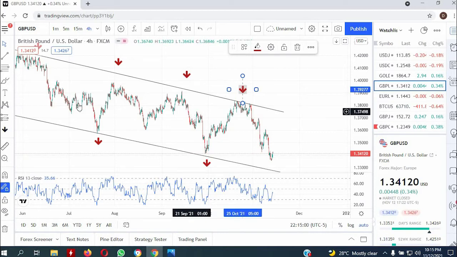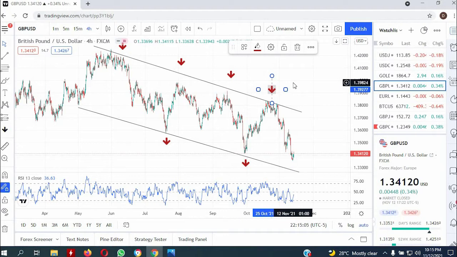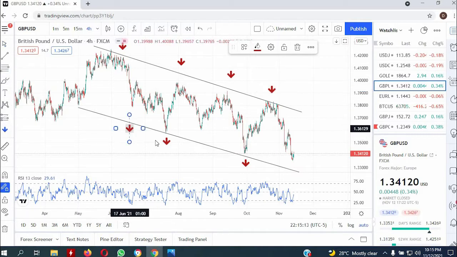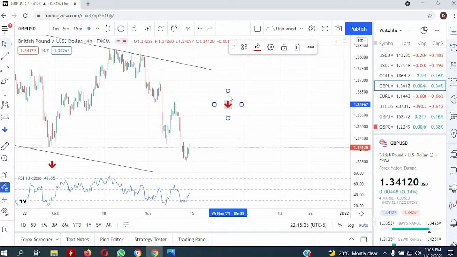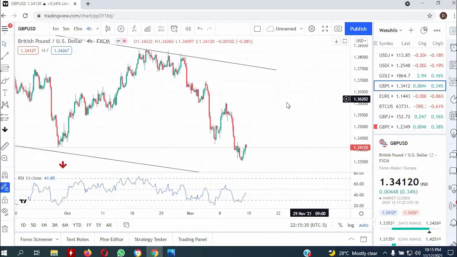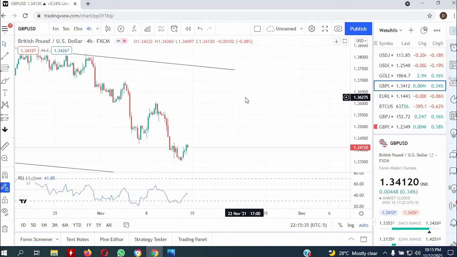The GBP USD is currently in a bear trend. As you can see, it's clearly making lower highs and lower lows. So currently the GBP USD is making a pullback.